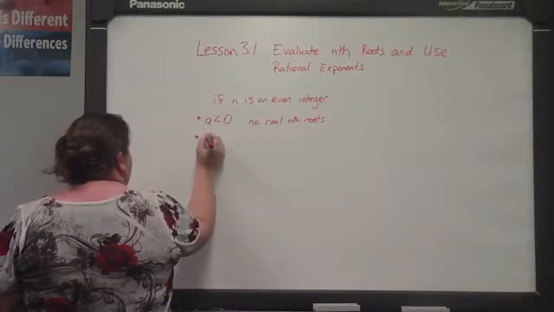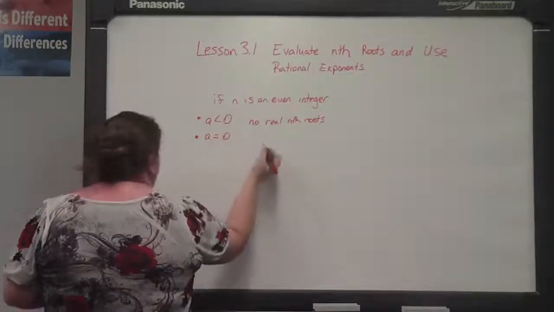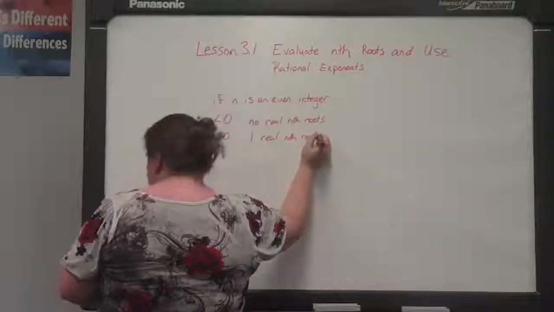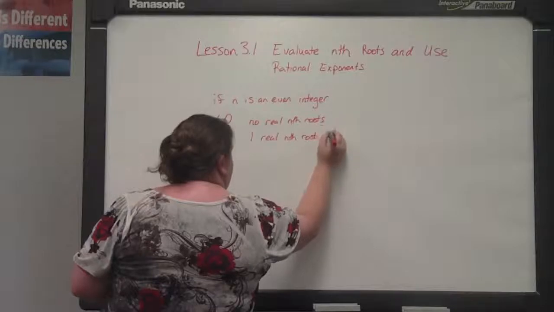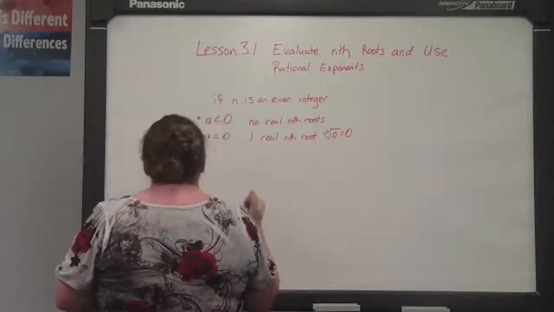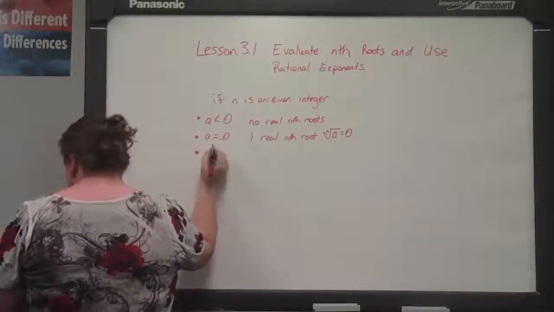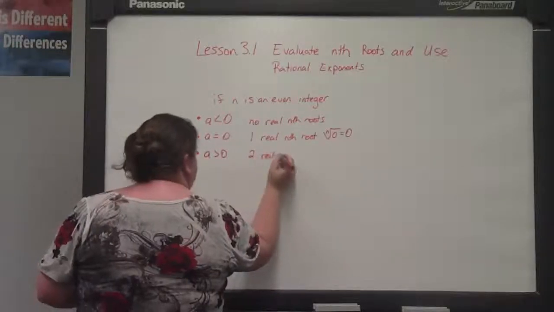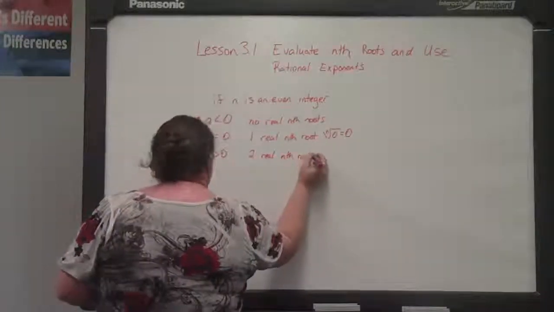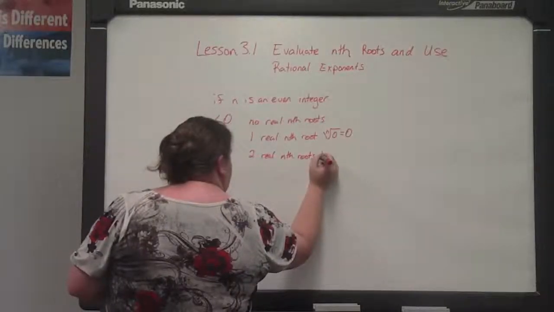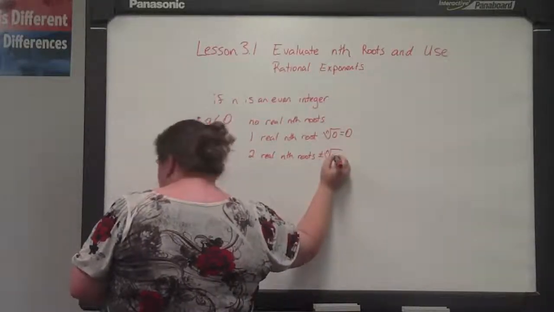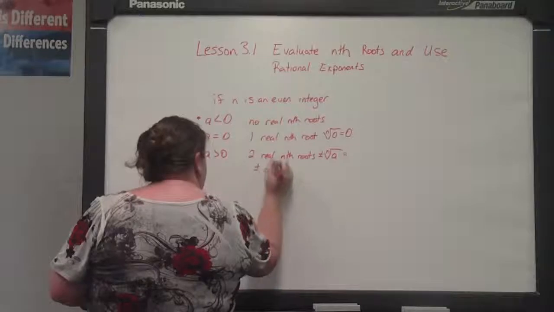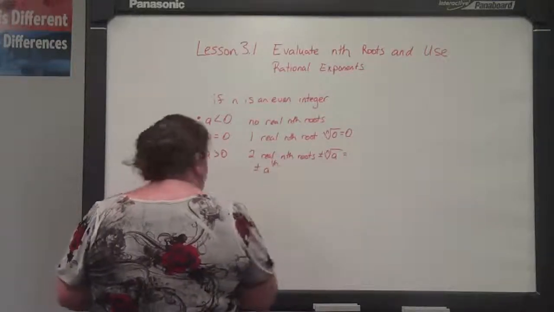The next one is when a is equal to 0, you will have one real nth root. And for instance, that's going to be the nth root of 0 equals 0. And then the third one is if a is greater than 0, you will have two real nth roots. And you're just going to look at plus or minus the nth root of a, which is the same as saying plus or minus a to the 1 over n power.